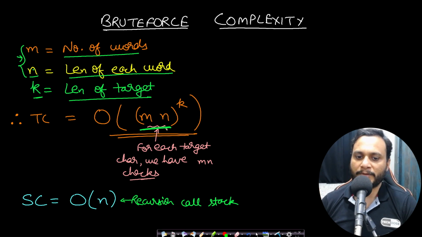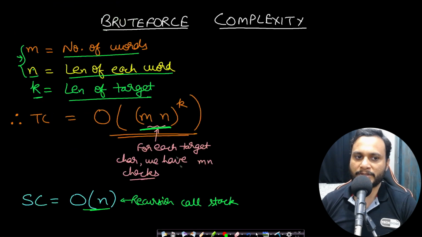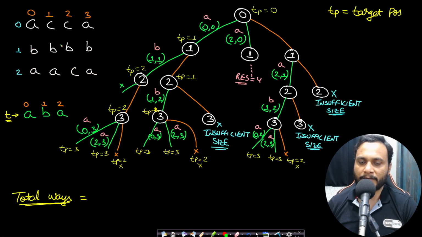Therefore we will have an exponential complexity of (m*n) raised to the power of k, right? And the space complexity will be order of n, which is for the recursion call stack, and the n value is the number of columns, right? That means the word length. So I hope you have understood the brute force complexity, and definitely this is not going to work in any way. Now let's try to look at a recursion tree diagram for our solution.